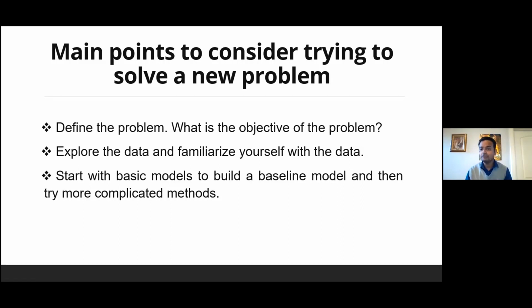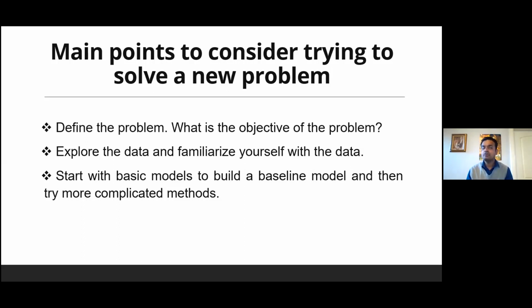The second step is to familiarize yourself with the data. You need to understand what kind of data you are going to use in your project, and whether you have sufficient data. Let's discuss this step further as we go through the presentation. The third step is to start with a basic model and try to achieve your objective.